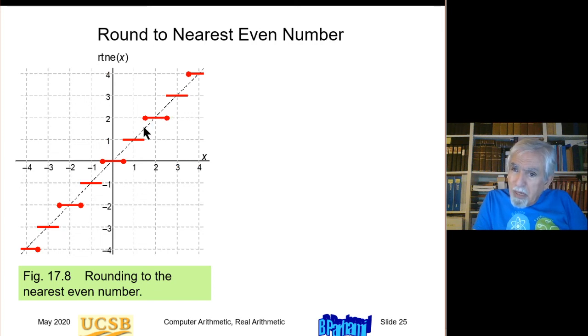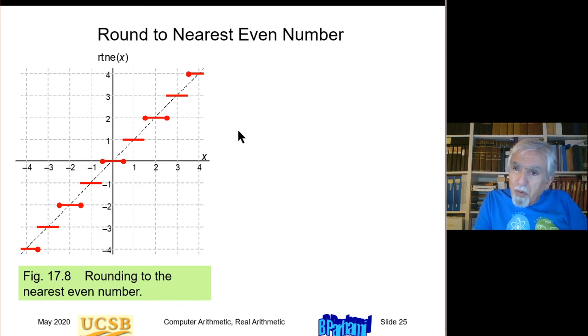So some midway points are rounded up, some midway points are rounded down, and there are an equal number of such points, and therefore over the course of long computations, errors tend to cancel each other out. There's no guarantee, of course. The worst case error is still the same, but unless we are unlucky, these errors tend to cancel each other out.